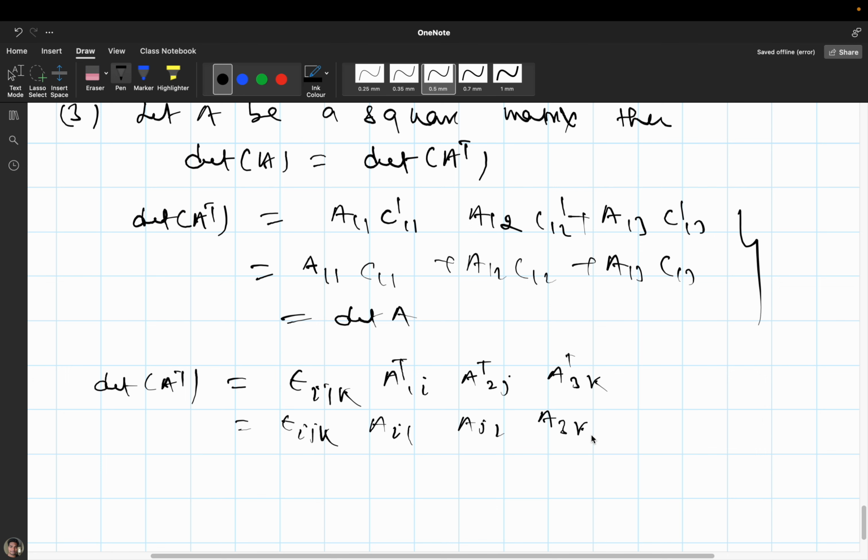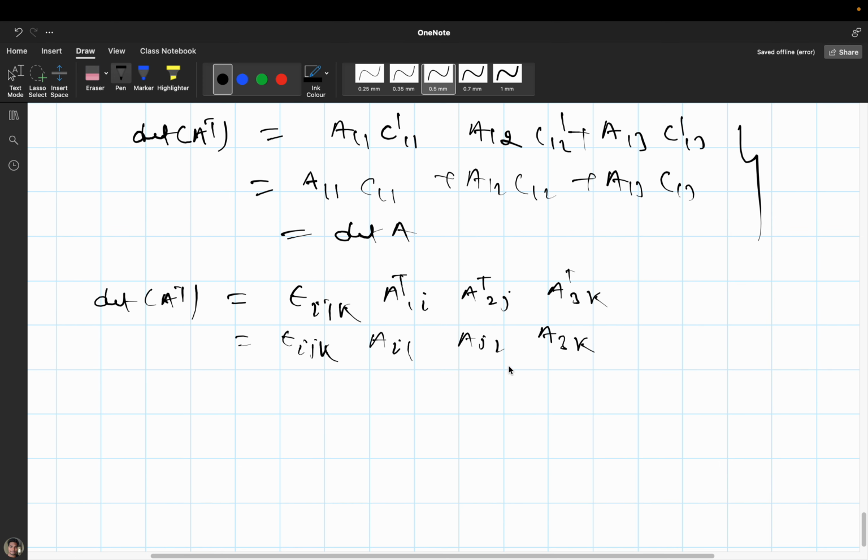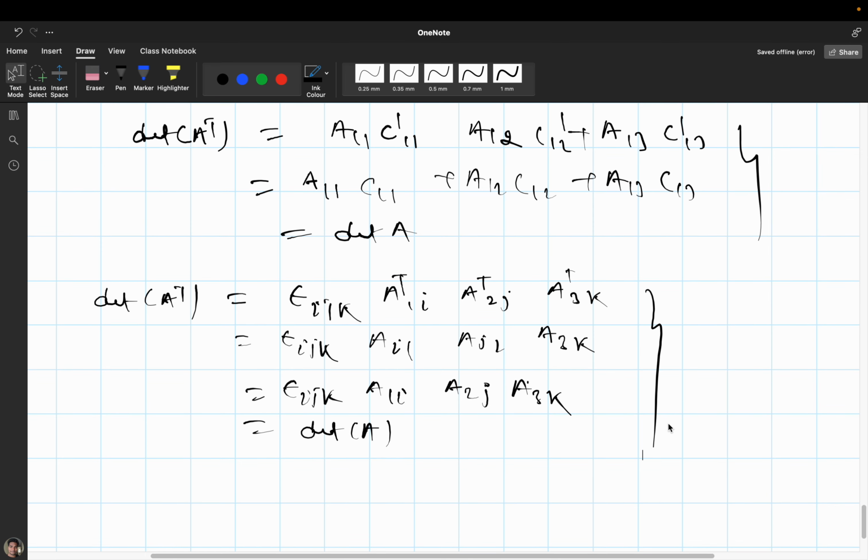This transpose will be K3. And you can see that it is exactly equal to that's why this is nothing but the determinant of A. This is another proof. Is it fine?